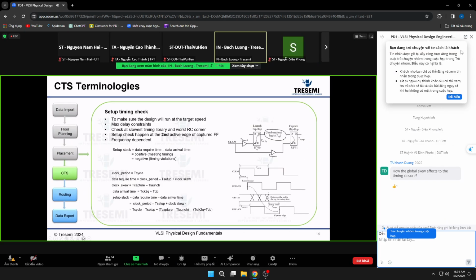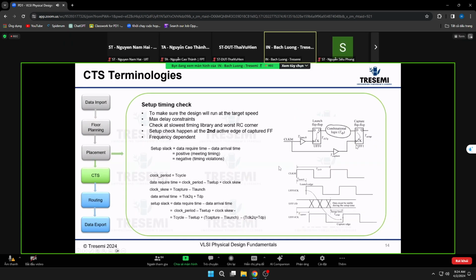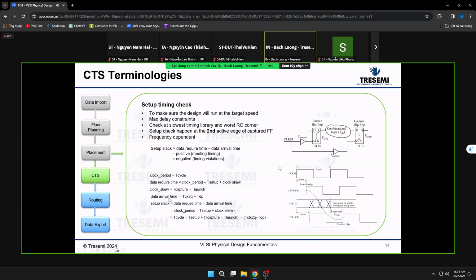In terms of T capture and T launch, clock skew is T capture minus T launch. So that's the arrival time at the capture clock and the arrival time at the launch clock. Data arrival time is basically clock to Q plus the propagation time through the combinatorial logic, TPD. So that's data arrival time.